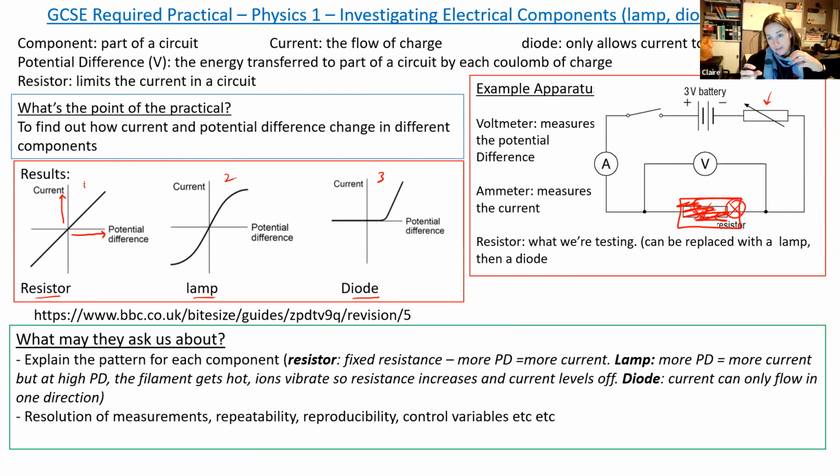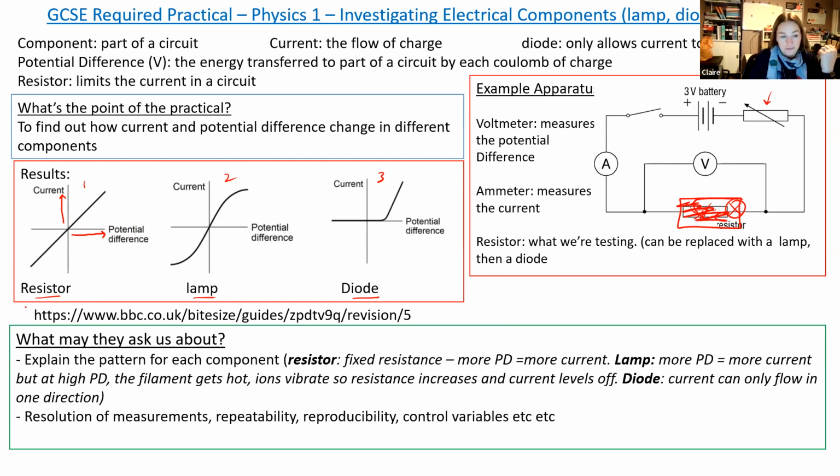Even if you increase your potential difference, which is you putting your foot down, your energy, the resistor counteracts that and keeps the flow of traffic going at the same speed, basically.